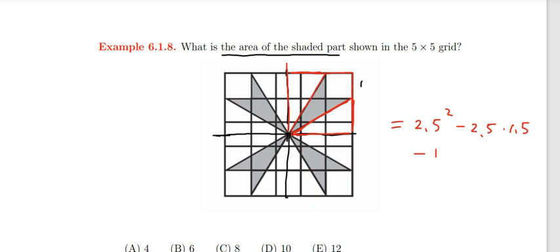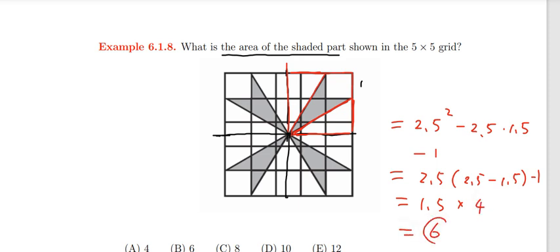Let's do some calculations. Taking out 2.5, it's 2.5 minus 1.5, minus 1, so 2.5 minus 1 is 1.5. We have 4 of them, so we find this is 6.